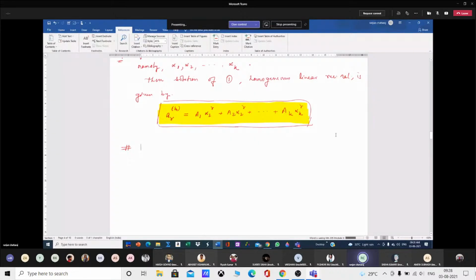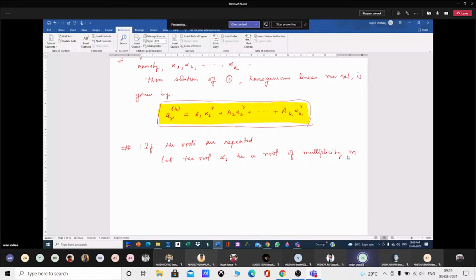The next one is if roots are repeated. Let the root alpha 1 be a root of multiplicity m, that means alpha 1 occurs m times.